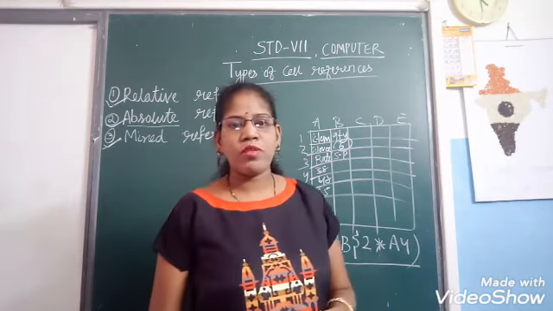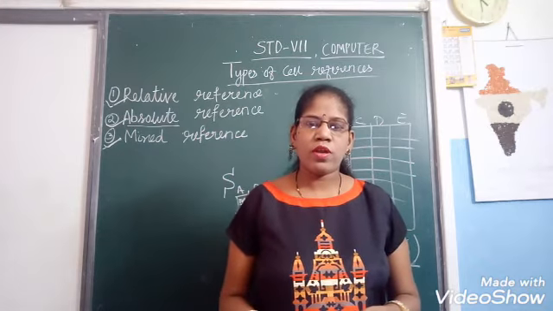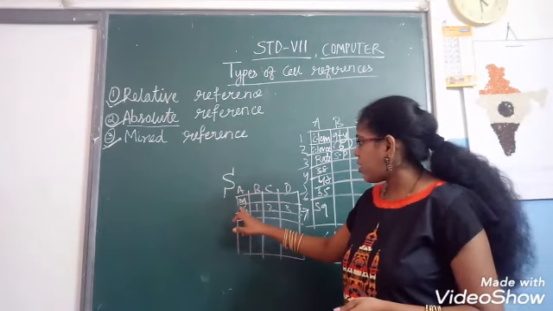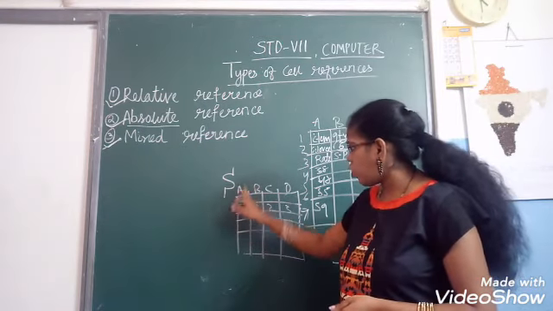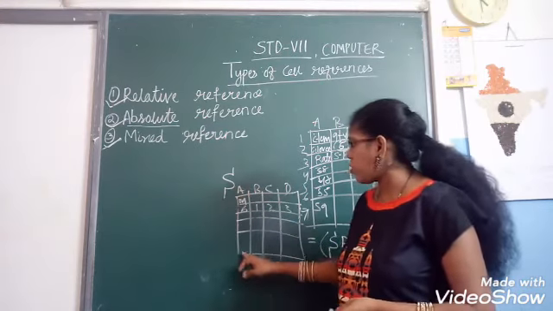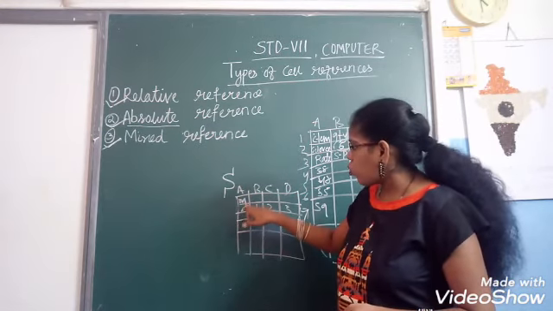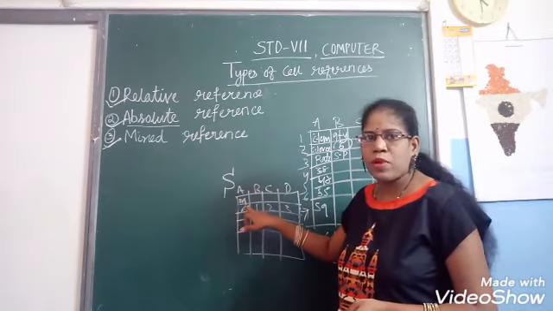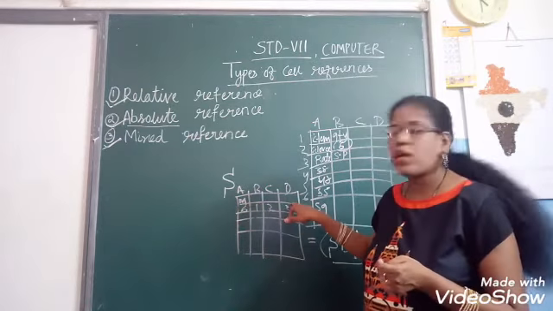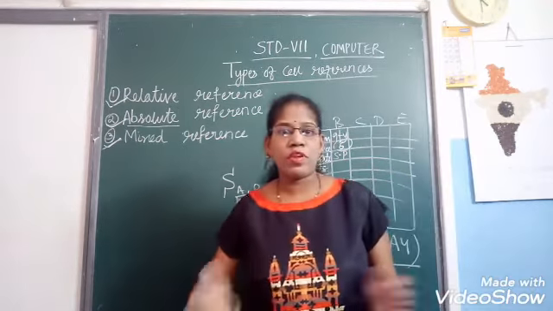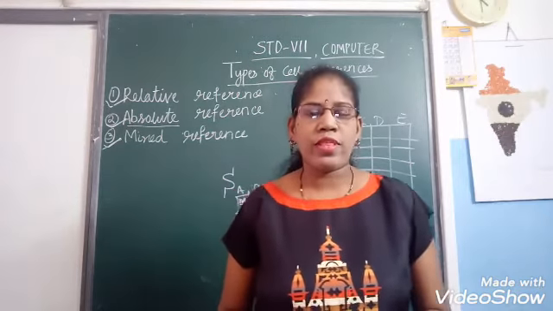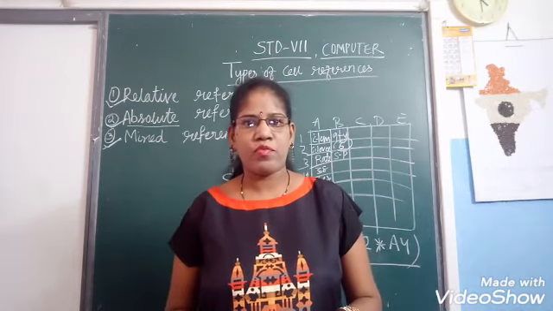And in mixed reference, either the row will be constant or the column will be constant. Here the 6 is there. You want to multiply only the 6, the multiplication table. So here we are taking the 6, the row, as a constant. So it is a combination of both relative and absolute. That's why it is called a mixed reference.